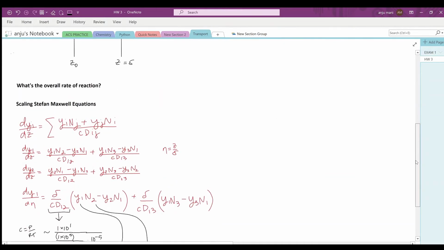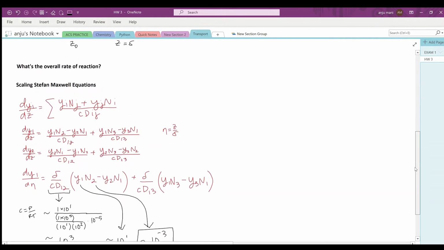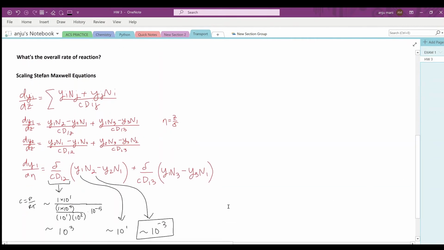It's also important for us to make an estimate of what the values are going to be, because we don't know a lot of variables.